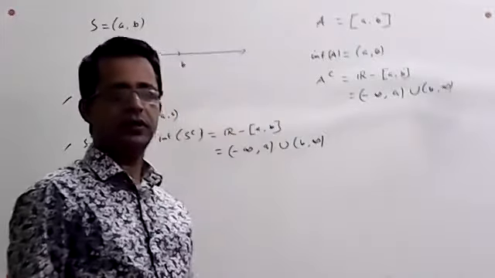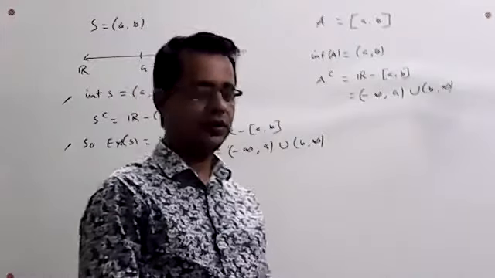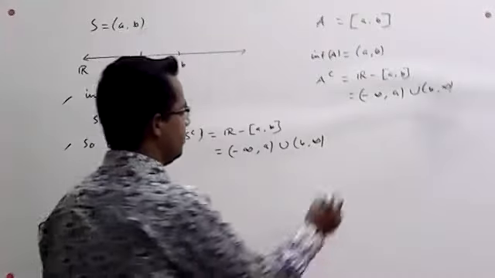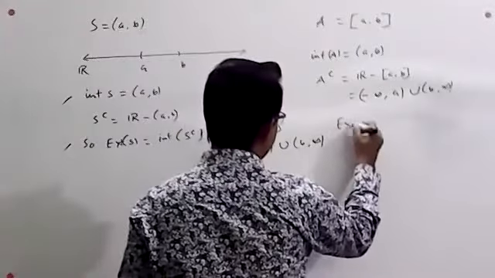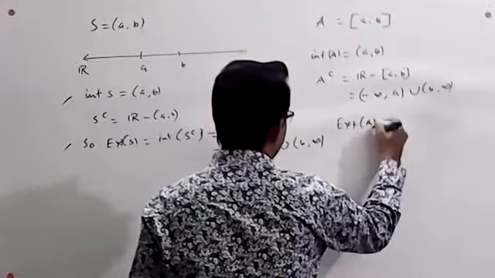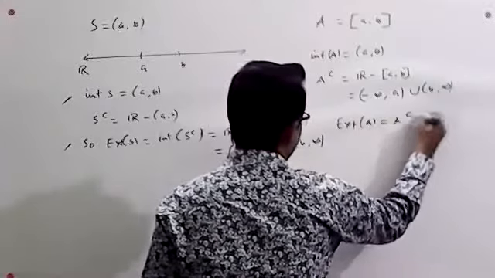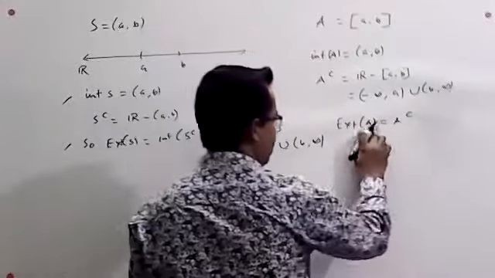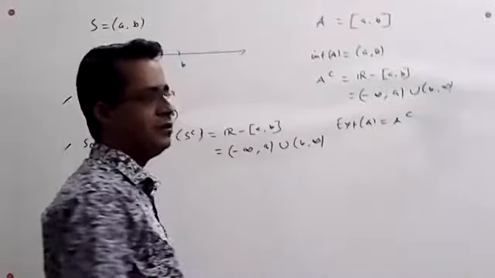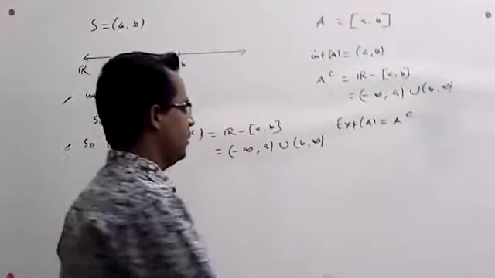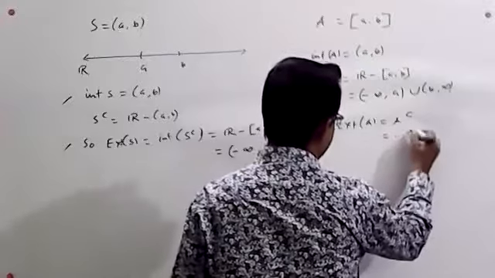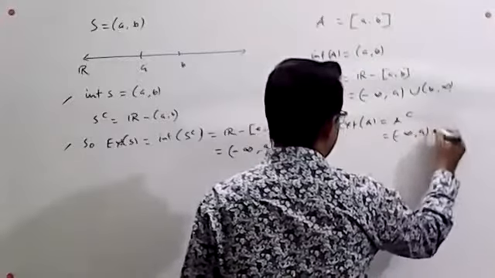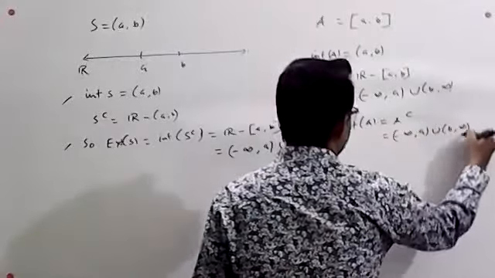And we know that if a set is closed, then the exterior of this set, that is the exterior of A, is completely its complement. That is, the exterior of A is minus infinity to A union B to infinity.